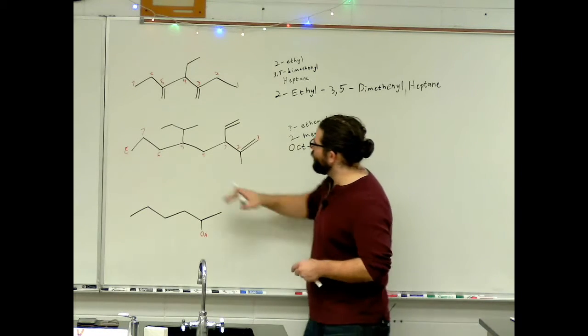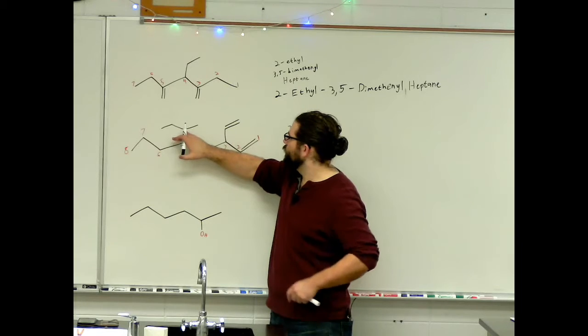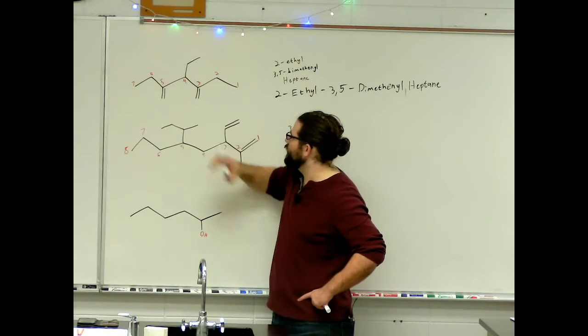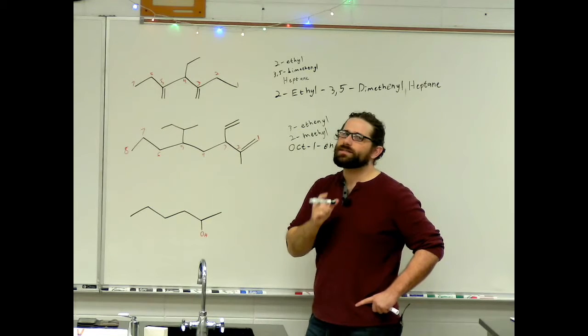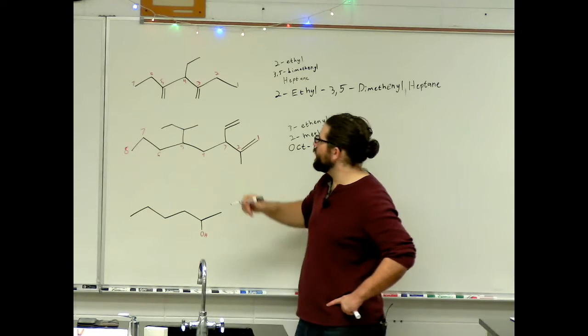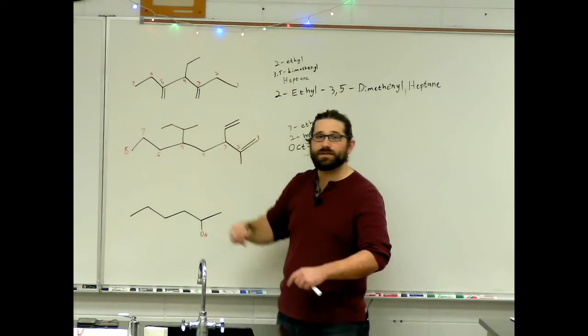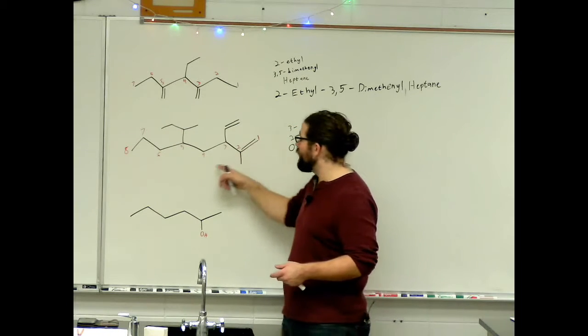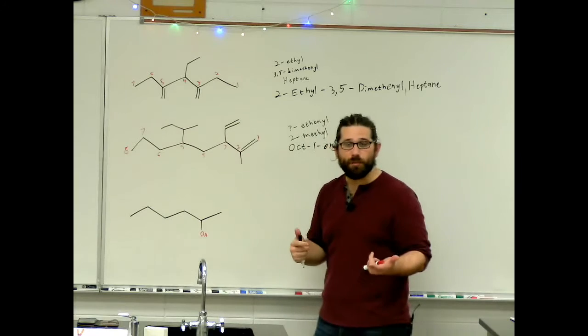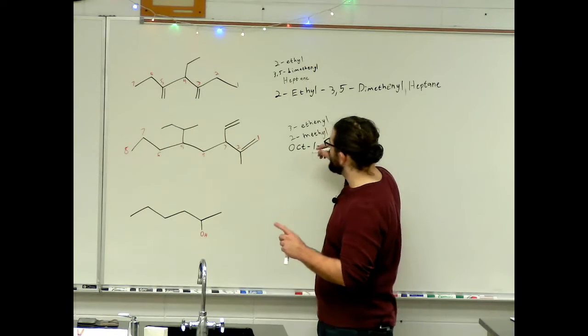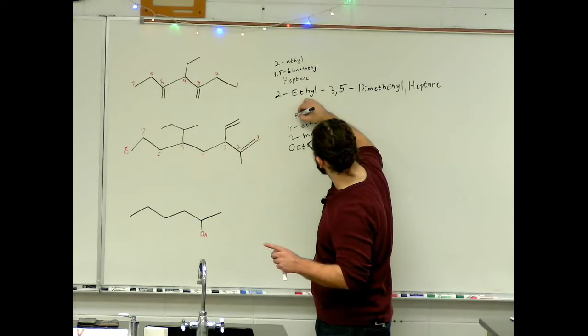And now number 5, I've got a, wait a minute, what is this? Is this a 1, 2, 3 chain with another 1 chain off of it? It's not. We still name this based on how many carbons are in the side chain. This is a side chain because it's to the side of the main chain. It's got fewer carbons in it. So a 1, 2, 3, 4 carbon chain, this is going to be a butyl group.